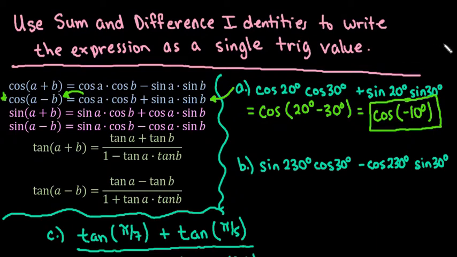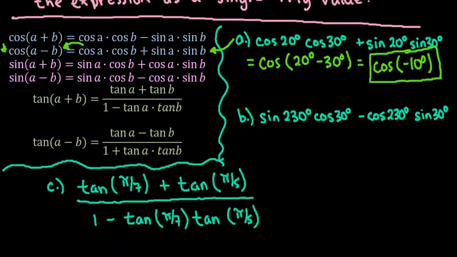All right, let's look at the next one that we're given. The next one that we're given is sine 230 cosine 30 minus cosine sine. So because it's sine, cosine, and cosine sine, that tells us that it's going to be one of the sine formulas. Okay, and so because there's subtraction in between, this one happens to be a difference as well.